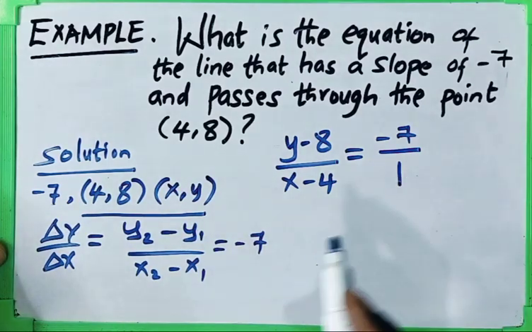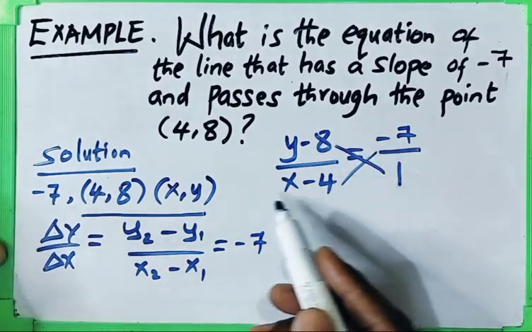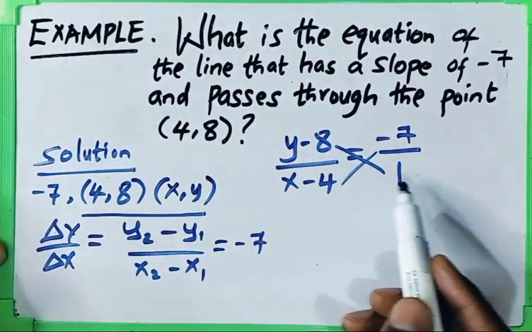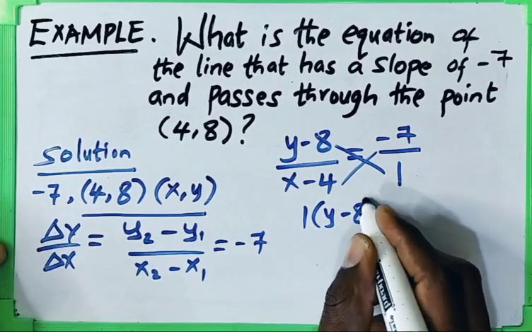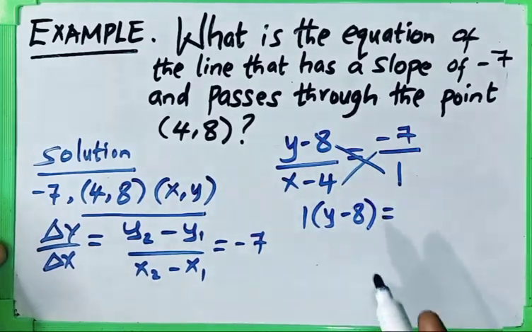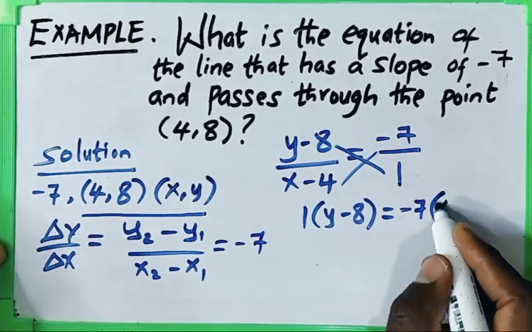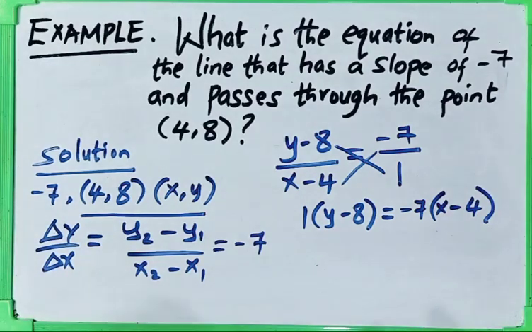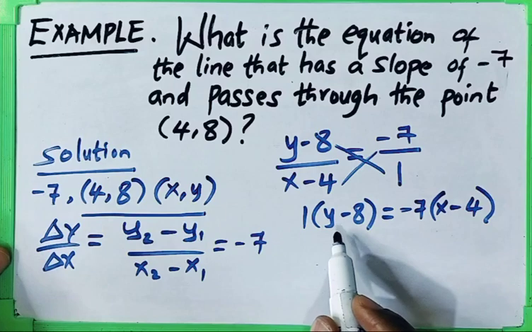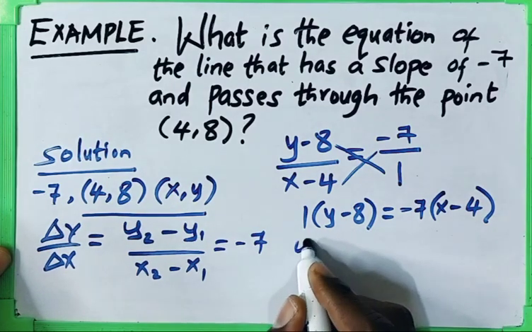The reason is we would want to cross multiply. Now 1 will be multiplied by y minus 8 in brackets, which is equal to -7 multiplied by x minus 4. Then you're going to open the brackets. y minus 8 times 1: y times 1 is y.